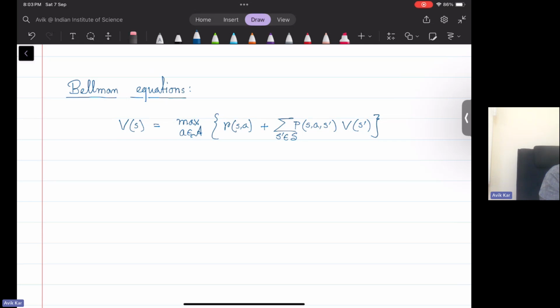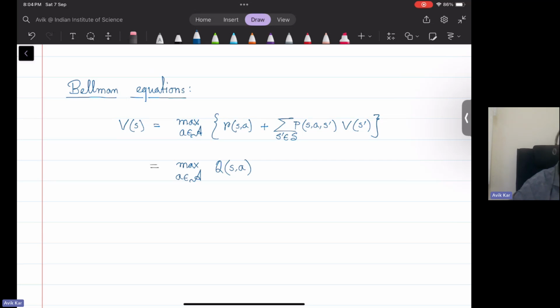Now, what is the relation between the value and Q value functions? Whatever we have written inside, that is the Q value function, right? Whatever is inside the max, that is Q. Correct.